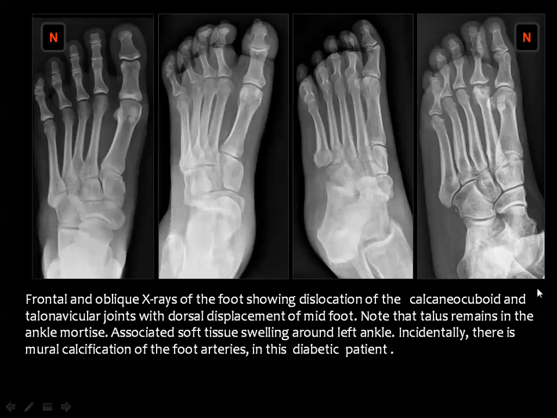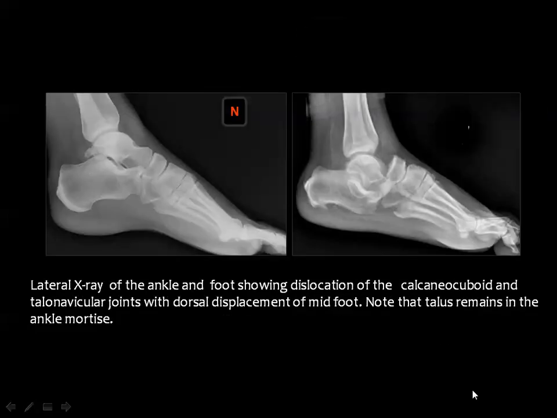Also, in the oblique view, you may be able to see the normal articulation between the talus and navicular, and the calcaneus and the cuboid. These two joints are dislocated in this type of injury. In the oblique view, this means you cannot appreciate this normal appearance. But in the lateral view, this is the normal appearance and this is the injury where you have the dislocation of the talonavicular and calcaneocuboid joints.